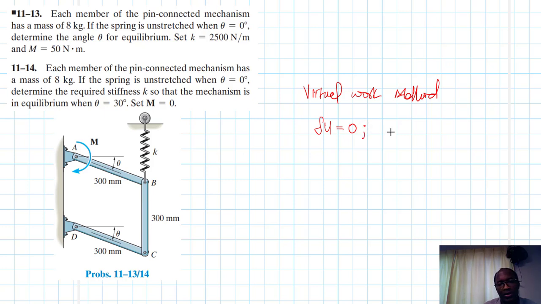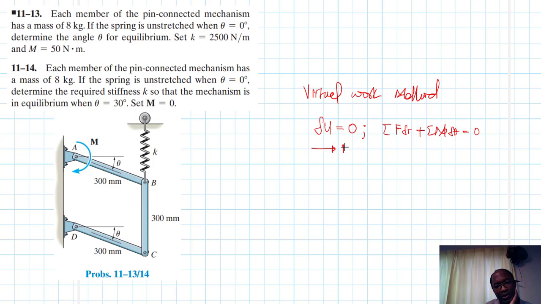This virtual work can be due to the summation of the product of forces and translational virtual displacement del R. It can also be due to the summation of the product of a couple moment and rotational virtual displacement del theta, and when we sum up all these virtual works, they equal 0.